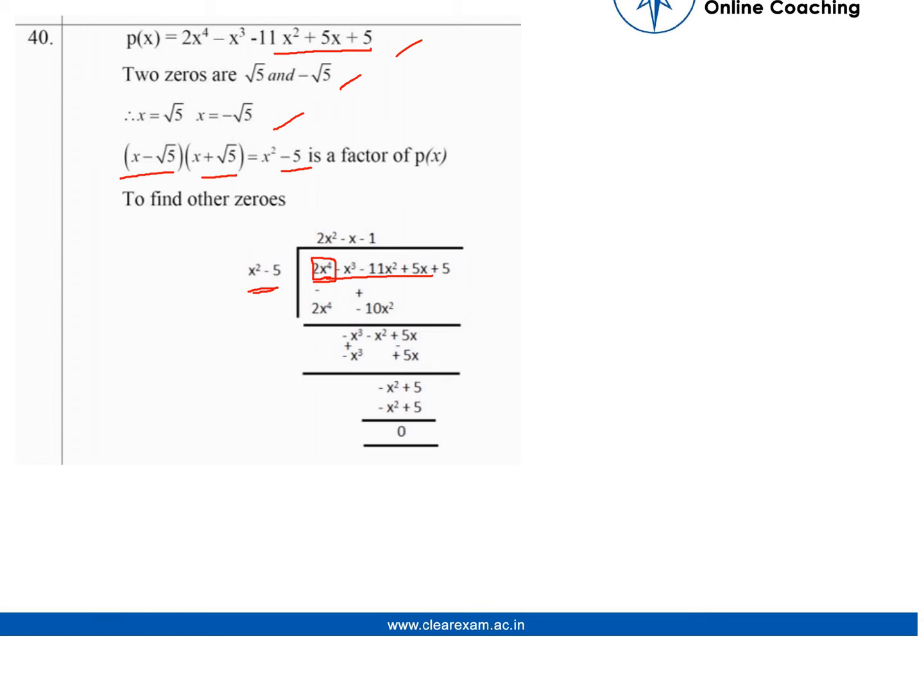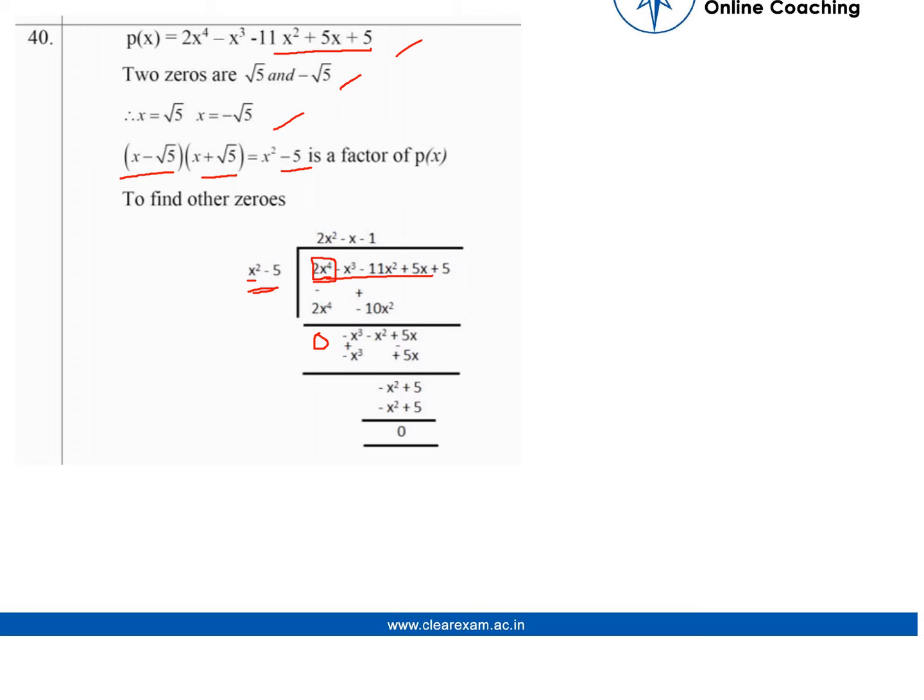So we need to multiply by the quotient. We have to take the value which, multiplied by this, makes this value similar so that the result will be 0. So x² into 2x² is 2x⁴, and −5 into 2x² is −10x².